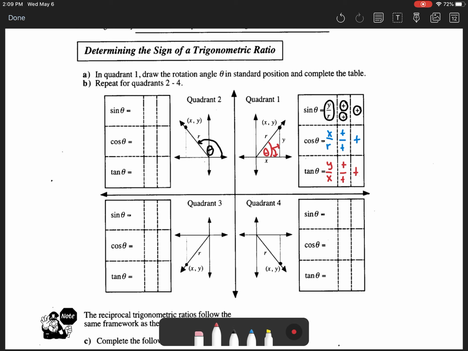Because that rotation angle I've just created can't form a right angle triangle, I discuss what we call the reference angle, which is this right angle triangle that is created in here. I'm going to use that little dot as my reference angle here. That angle in that right angle triangle will give me the same values as the big rotation angle that I've drawn, but I can't talk about that big rotation angle because it's not a right angle triangle.